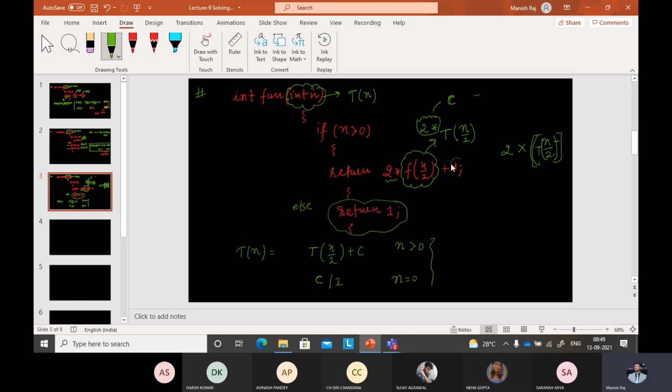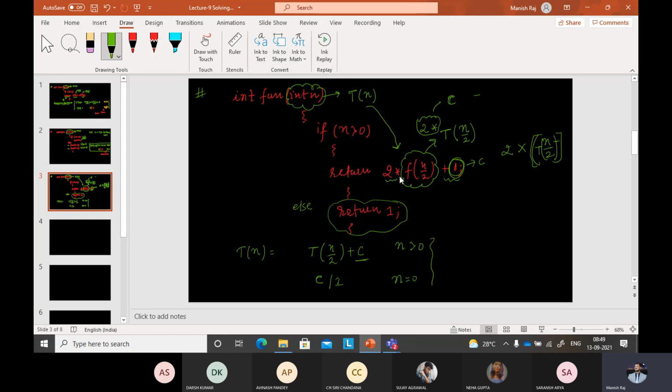Okay, so the plus, added for the addition purpose, is also taking constant time, so that's why I'm adding some constant time, or for return it will take some constant time. So multiplication, addition and return will take constant time, and the problem will be divided from n to n by 2 size. So we will not multiply this 2. Every time remember this thing when you are creating this type of thing.